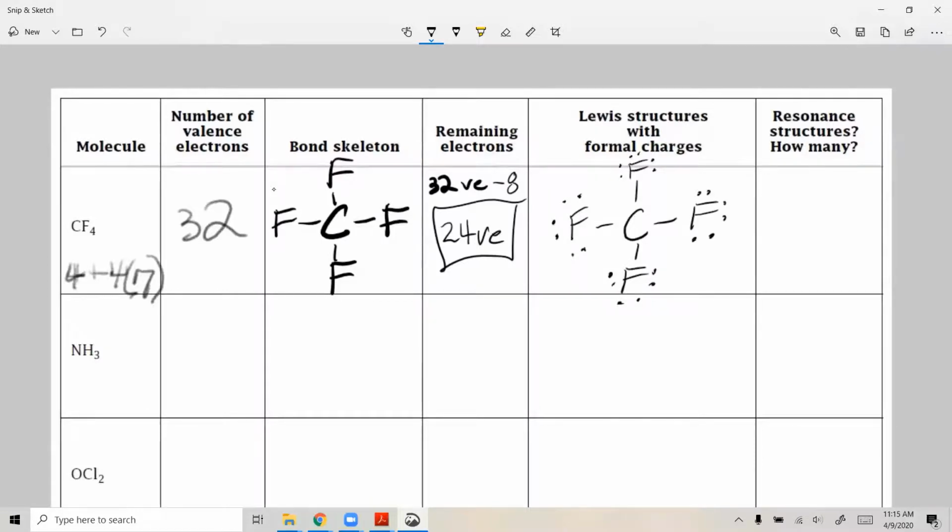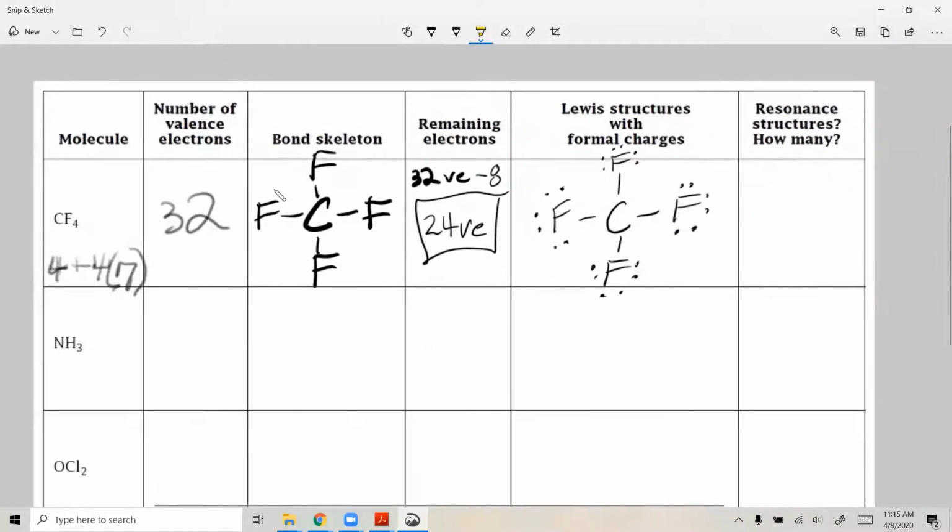Now, I've used up 2, 4, 6, 8, 10, 12, 14, 16, 18, 20, 22, 24 valence electrons. So I used up all of my valence electrons. All of my atoms have a full octet. I can check my central atom. It also has a full octet, 2, 4, 6, 8. And so this is my Lewis structure. Now we do want to include what we say is our formal charge.